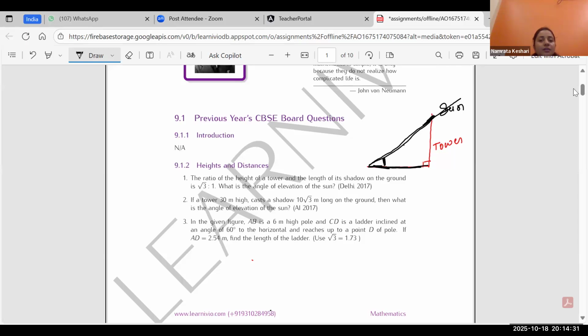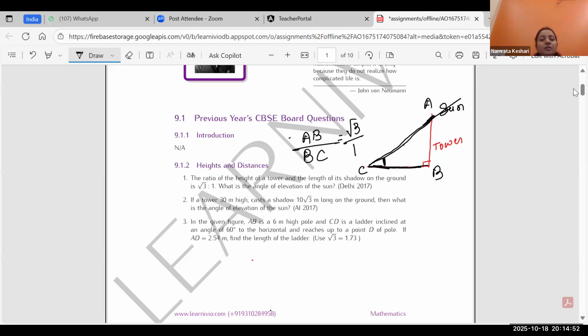Now in this right angle triangle, what is given? The ratio of the height of the tower to the length of the shadow. If I name it ABC, the height of the tower is AB and the length of the shadow is BC. This ratio is given as root 3 by 1, right?